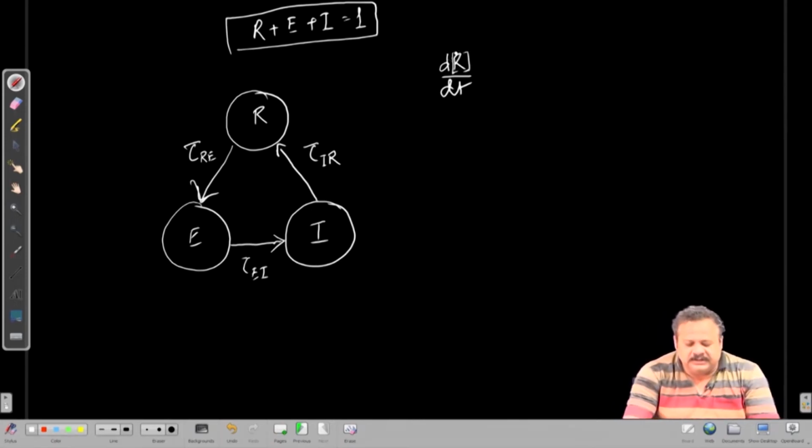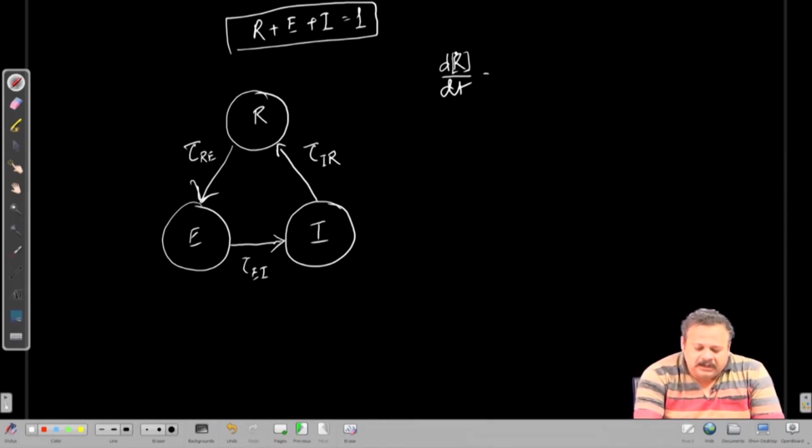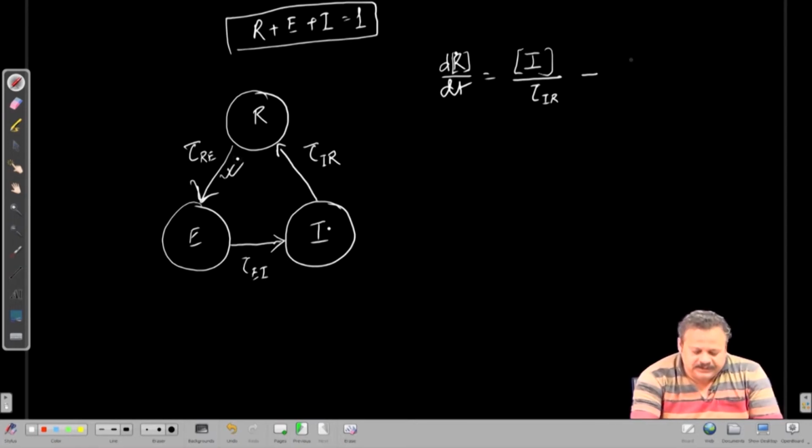So, this is R, dR/dt. From I to R, the process is driven by the concentration of I, and the time constant tau I R, and R is reducing due to the flow from R to E, which is driven by the concentration of R and the time constant tau R E.